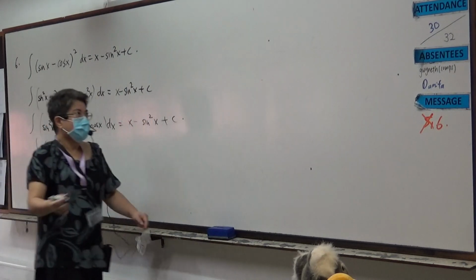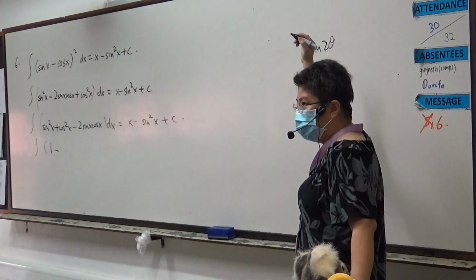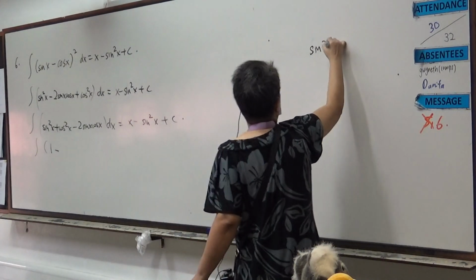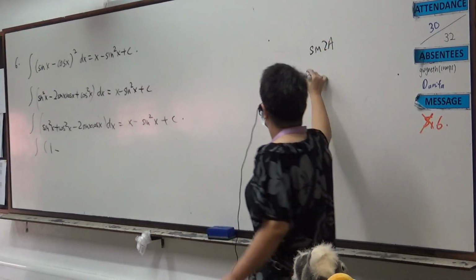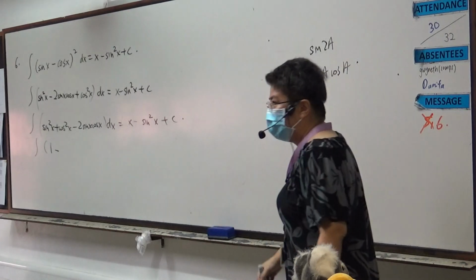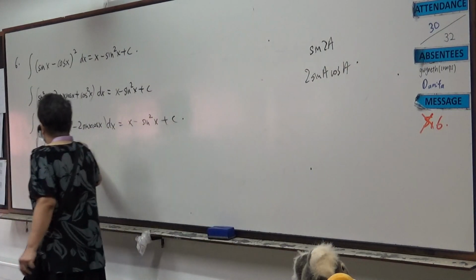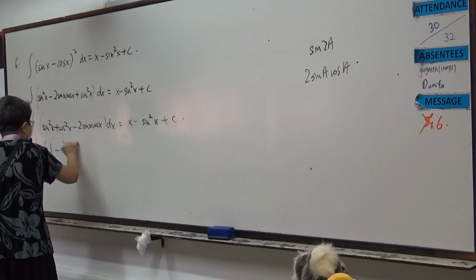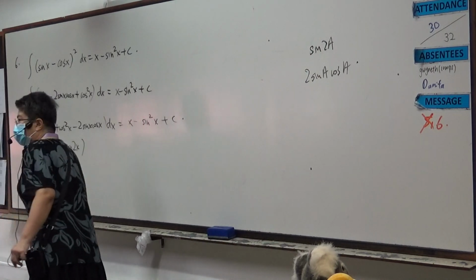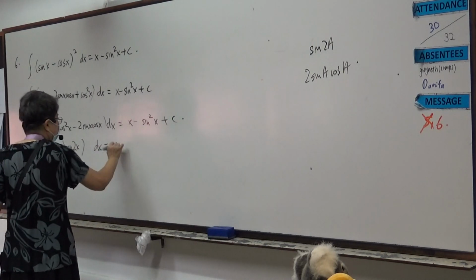Now, I think the formula list gives sine 2a. It's 2 sine a cos a. Now, can you see that this is 2 sine a cos a? So this one will be 2 what? 2x, right? Alright, the double angle formula. So dx will be this.